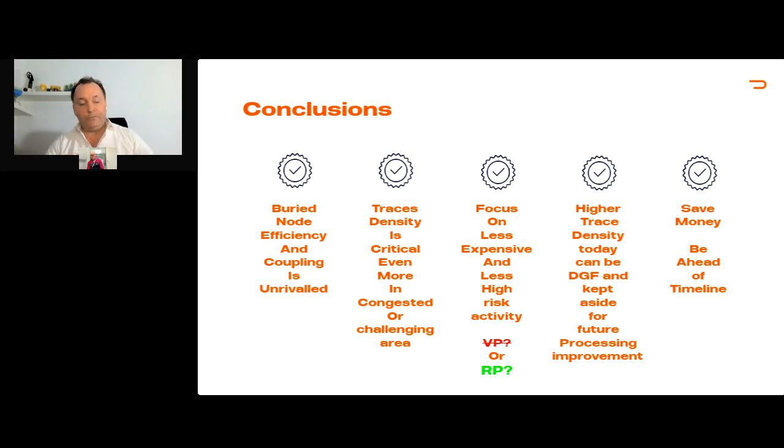Recommendation, focus on your less expensive and less high-risk activity, certainly the receiver one compared to source activity.